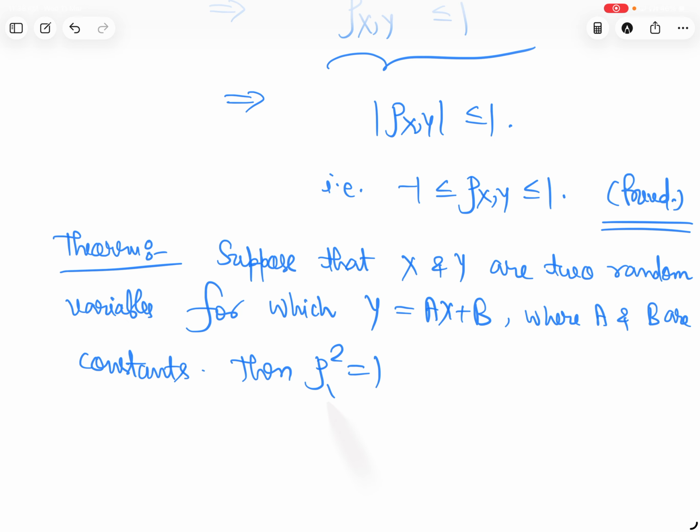Rho XY square is 1. Okay. So when it is understood that it is rho XY, we can simply write it rho. We can simply write rho because we know rho means rho XY.